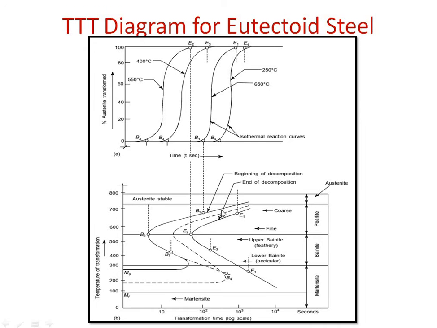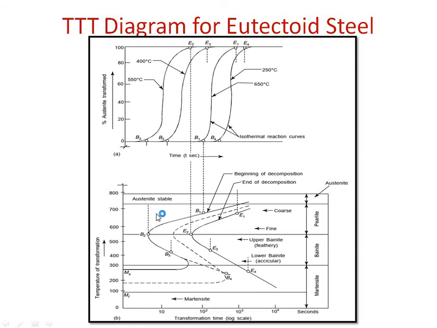On the left of this curve which indicates the beginning of transformation and the A1 temperature line, that is the lower critical temperature line, the austenite is unstable in this area. This is the time required to start the austenite to pearlite transformation.